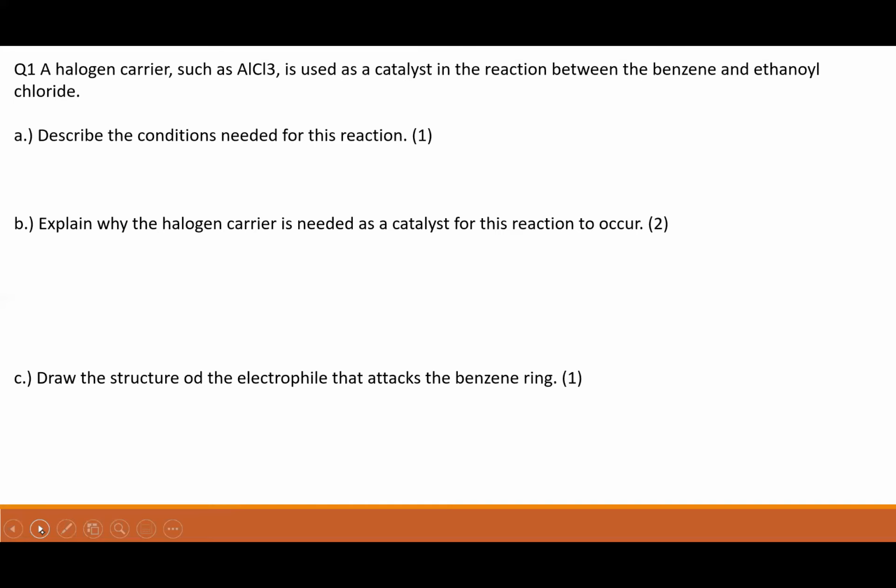So a halogen carrier, such as aluminium chloride, is used as a catalyst in the reaction between the benzene and ethanoyl chloride. What you're asked to do is describe the conditions needed for this reaction. We're describing conditions, and that's 1 mark.